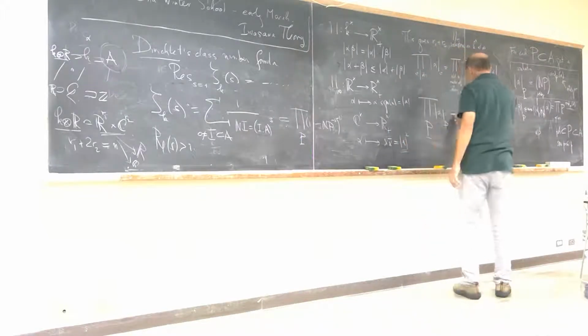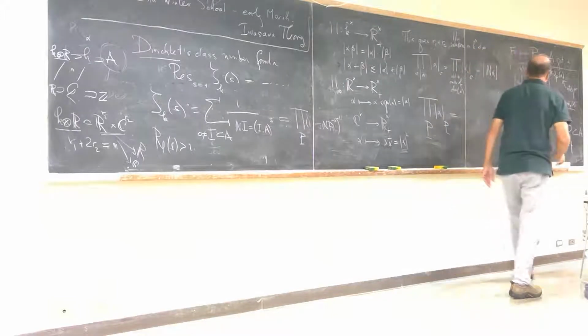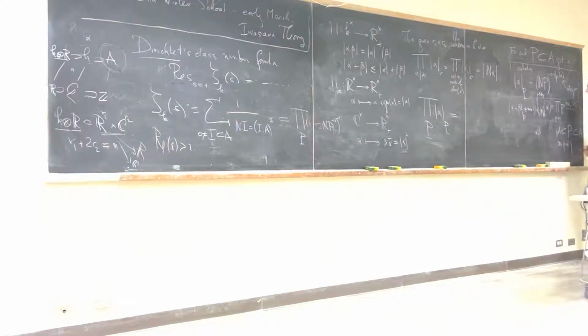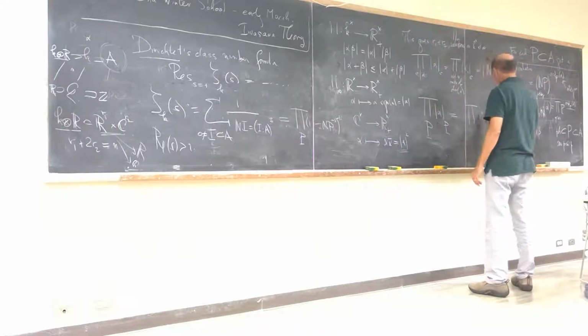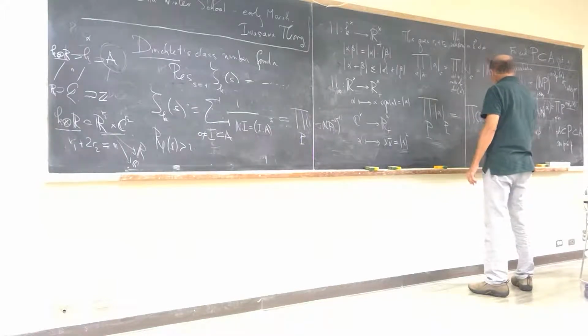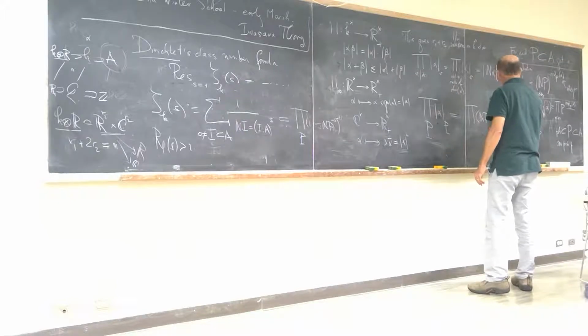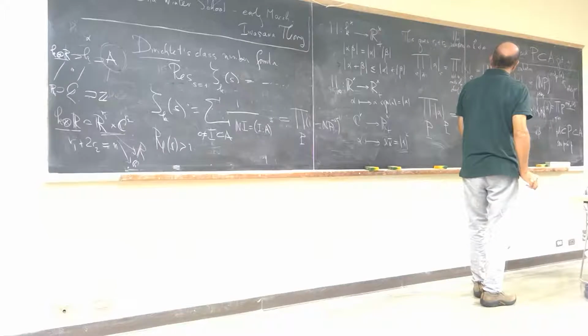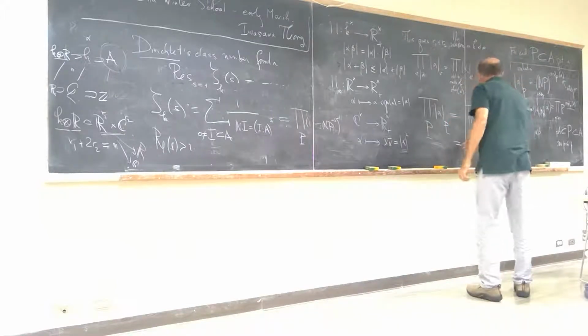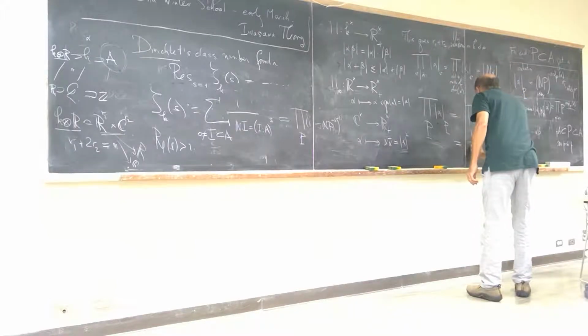Well, I claim it is, you're taking the product over all primes p, so you're getting the product of the norm of p to the minus ord_p of alpha, and that turns out to be 1 over the absolute value of the norm of alpha.